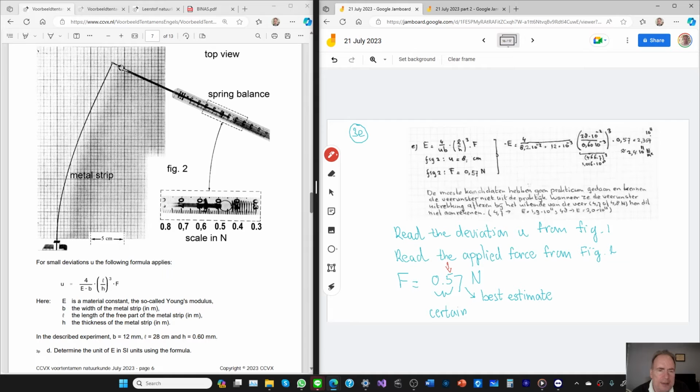So you'd say it ends up somewhere at 7, but maybe it could be 6 or 8. So this becomes your best estimate, and this will be an uncertain digit. And then substitute this all, and then you just follow what the answer sheet says here.